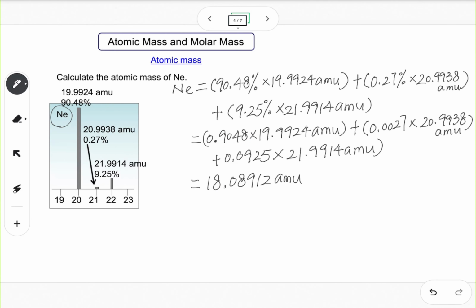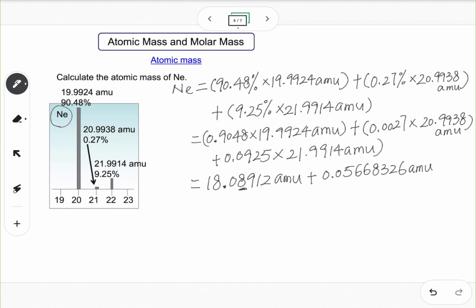I highlight 8. Now this part gives you a small number, 0.05668326 AMU.